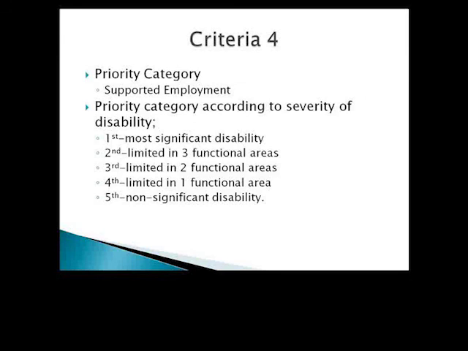As I said before, the most significant disability would be a person who has limitations in 4 or more areas. Next would be limitations in 3 areas, 2 areas, 1 area, and then if a person has no limitations, they would not be significantly disabled and probably would not be eligible for rehabilitation services.